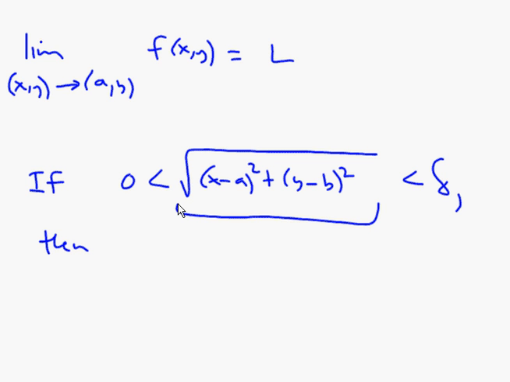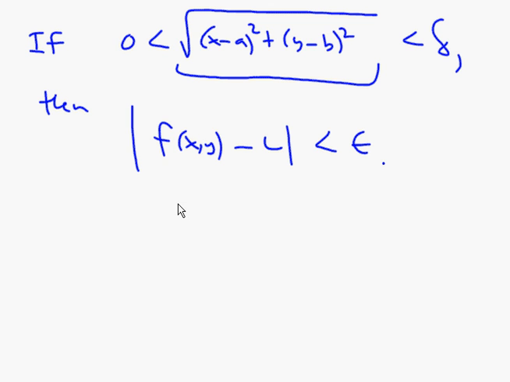And we're saying whenever that distance is less than delta, then we can be promised that this would hold. f of x comma y minus L is less than some epsilon. So this is what changes a little bit. Okay. What I want to do is I want to take this definition and apply it to the limit that I told you was 0, and then proceed through the steps and prove the limit.